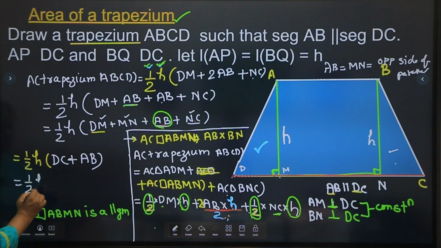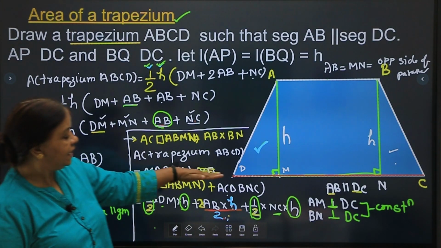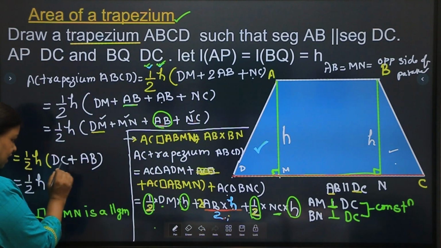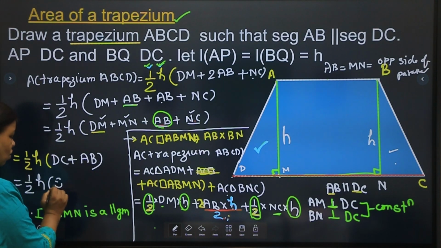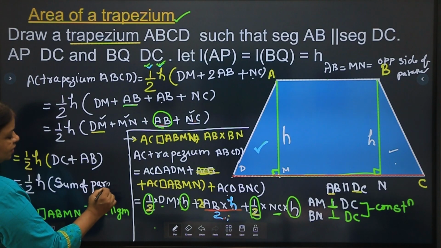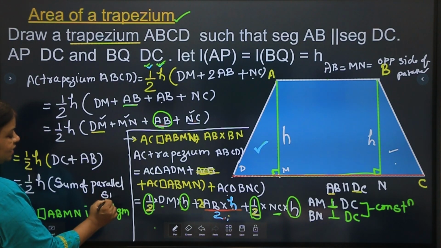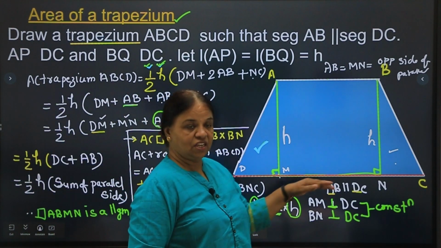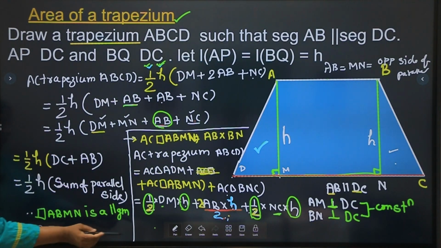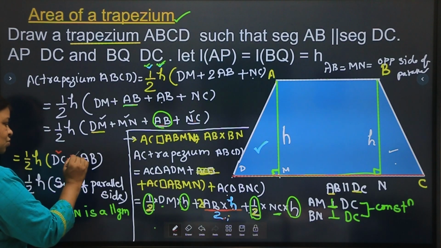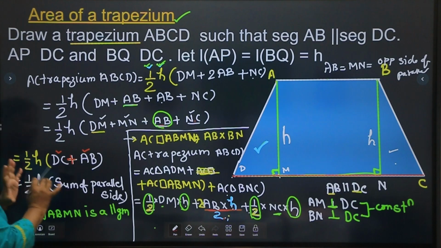Half into H into DC plus AB. DC plus AB is nothing but the sum of parallel sides. AB is parallel to DC, and what we got? Sum of these two parallel sides.